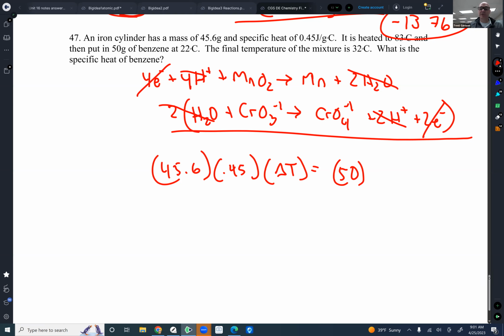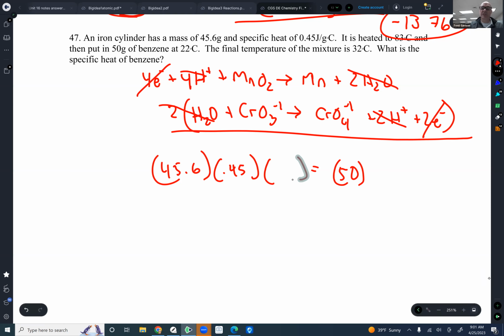Oh, so we do know all this. Okay, so it has a final temperature of 32. So the difference in the temperature, if it starts at 83 and it ends at 32, means it had a temperature change of 51. It lost, final minus initial.